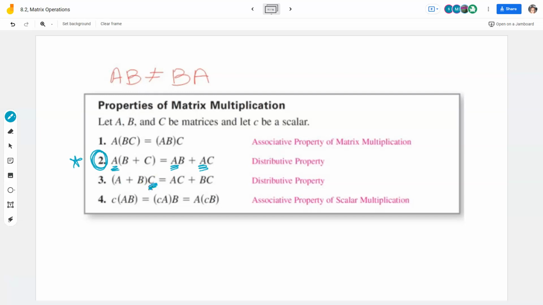Is it CA, CB? No. With matrices, the order is important. So the big thing of this whole page, you don't have to necessarily memorize these, but the order in which you multiply is important because of this beginning fact.